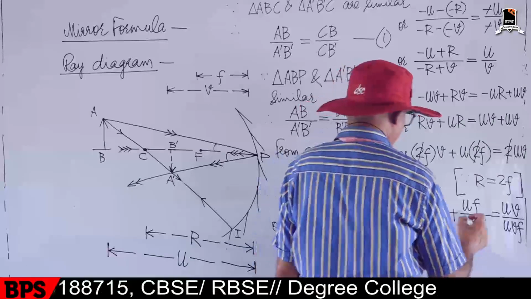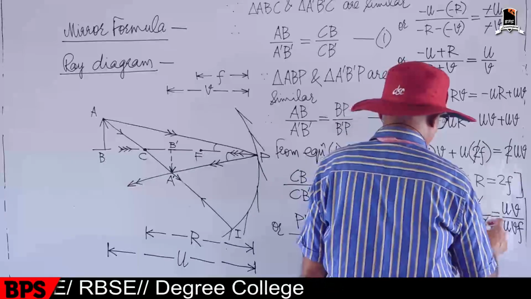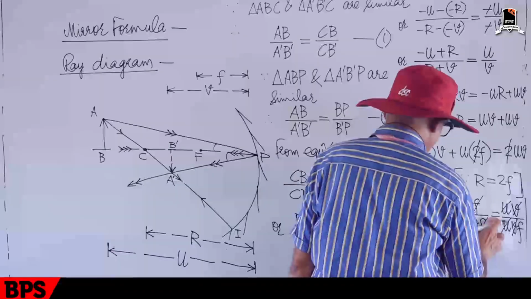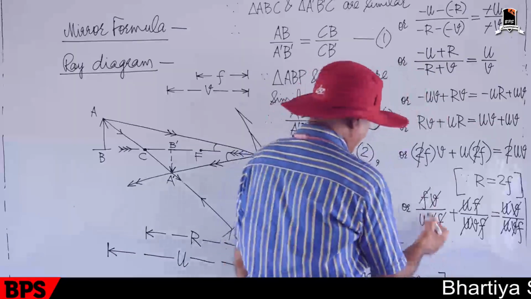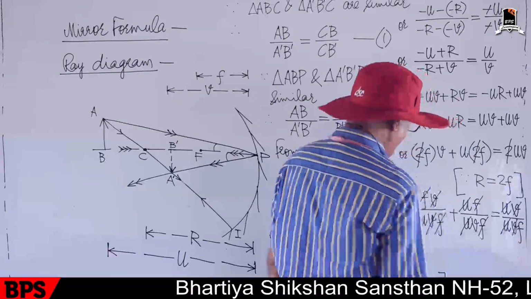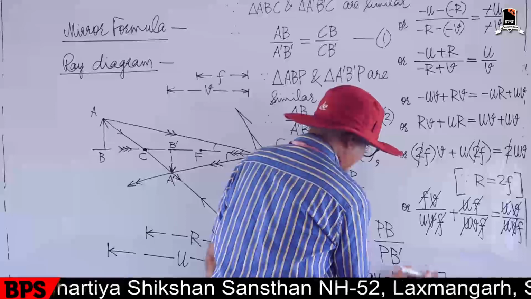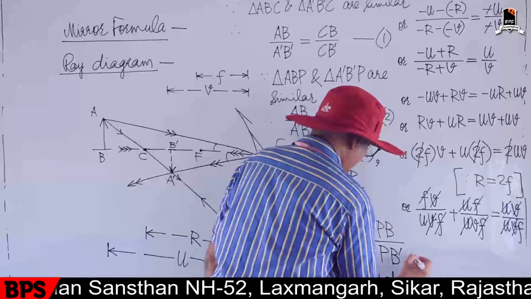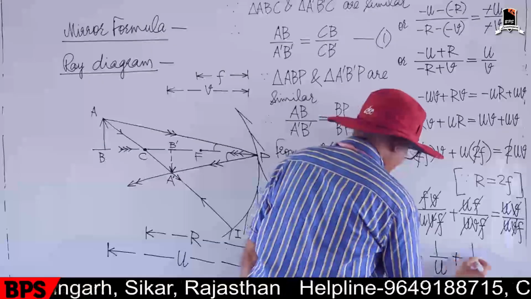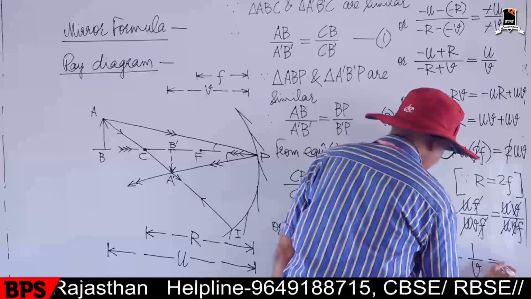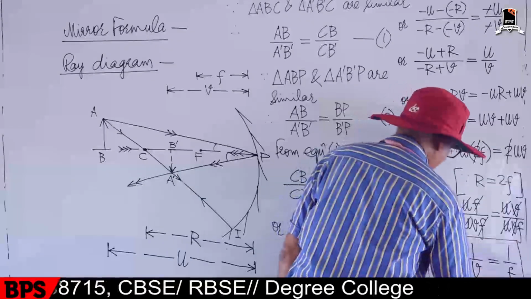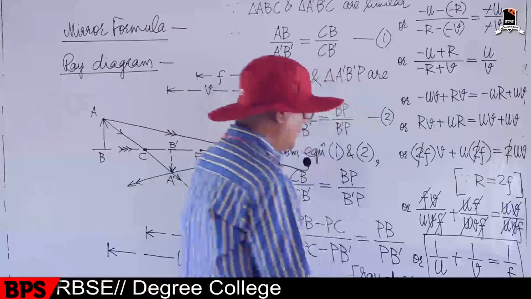FV, FV, UF, UF, UV, UV. Remaining terms are what? Here it is 1 by U, here it is 1 by V, and here it is 1 by F. So you will get the equation 1 by U plus 1 by V equal to 1 by F. This is the required relation, which is called mirror formula.